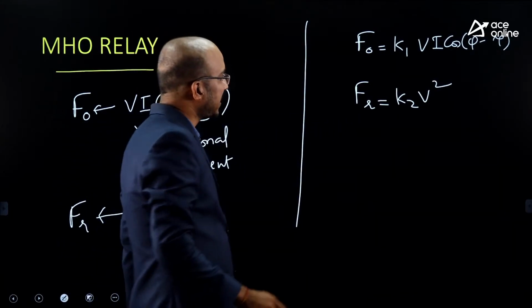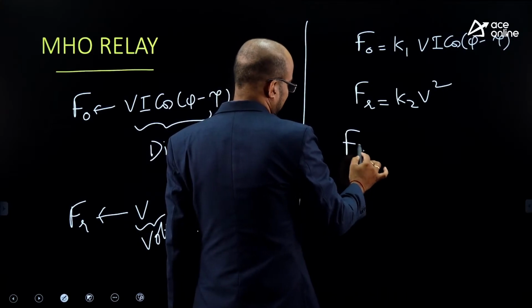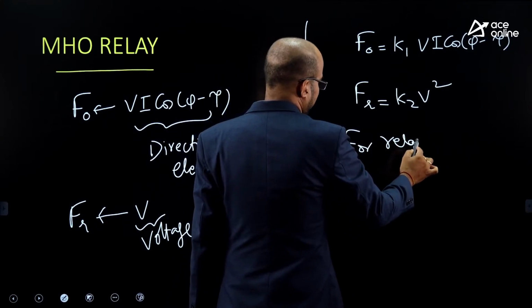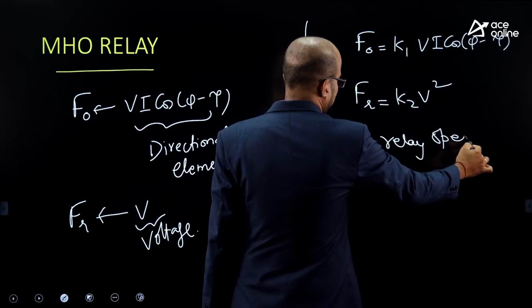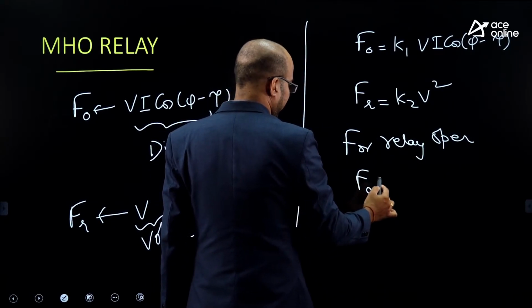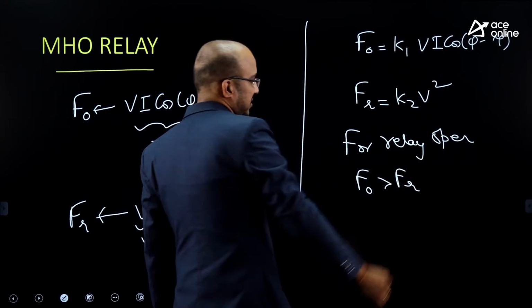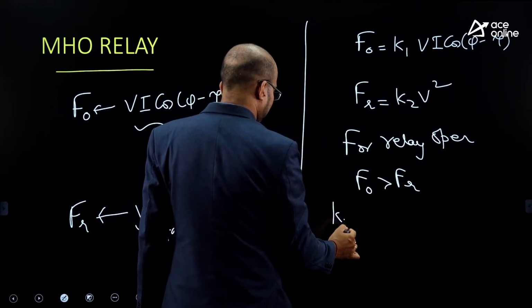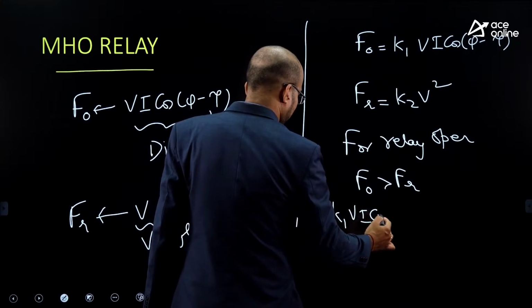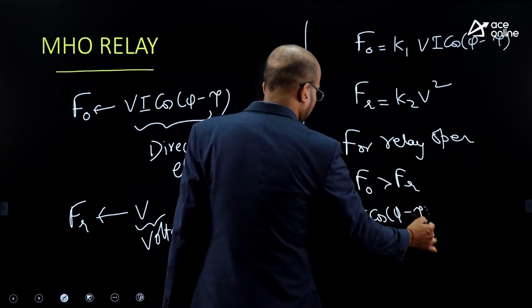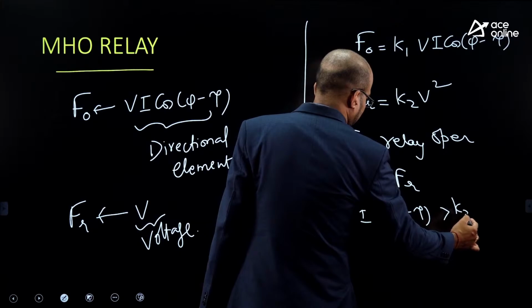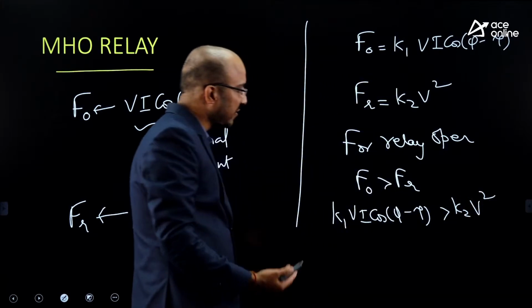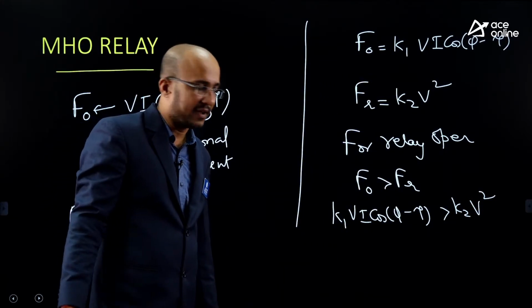For relay operation what condition must be satisfied? When operating force is greater than restraining force, the relay will be operated. That means K1 V I cos of phi minus tau must be greater than K2 V square. When you satisfy this condition, the relay will operate.